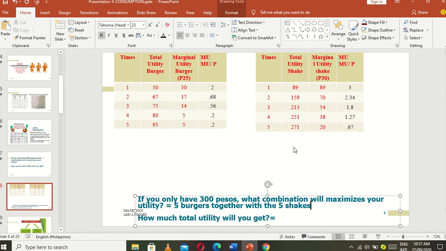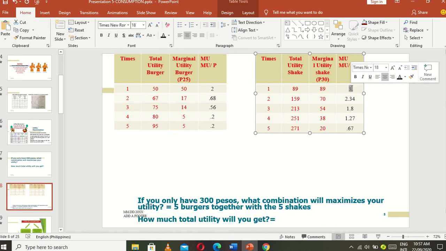Okay? How will you know, aside from dividing 300 by the amount of the burger and shake, kung ilan talaga ang burger and shake na mabibili mo sa 300? You're going to look at the highest. Sabi ko kanina, hinalightan ko, diba?